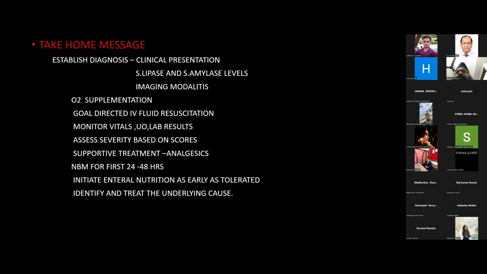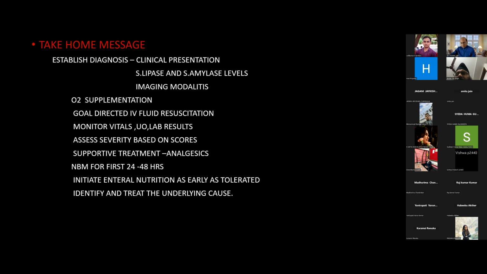So finally, the take-home message of this class is, initially we need to look at the clinical presentation, whether the patient is having abdominal pain, epigastric pain associated with nausea and vomiting. Next, laboratory investigations, whether the serum lipase or amylase levels are elevated or not. Next, imaging modalities to identify the severity on CT scanning. Coming to management, oxygen supplementation and fluid resuscitation are most important in these patients, along with simultaneous monitoring of the patient.